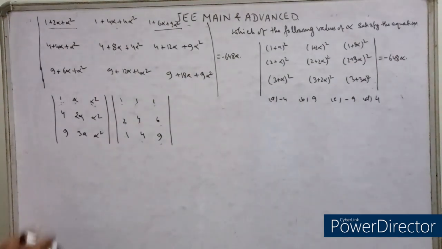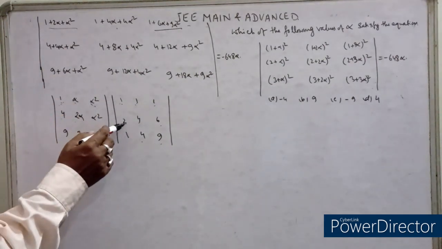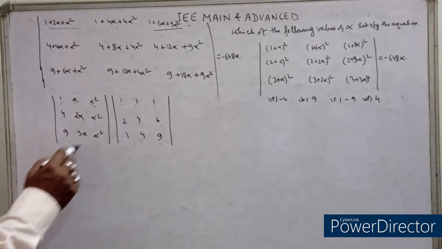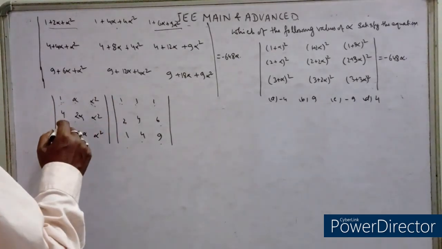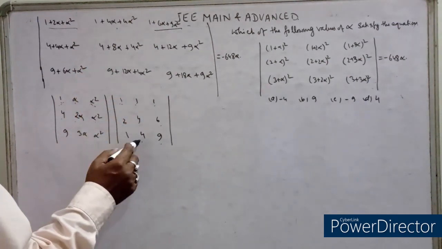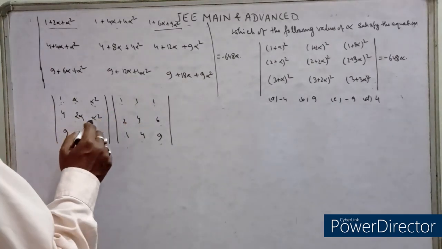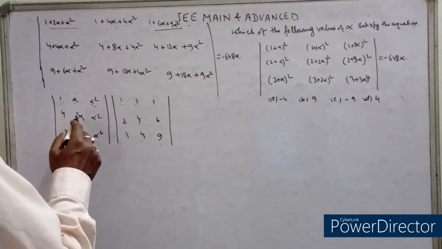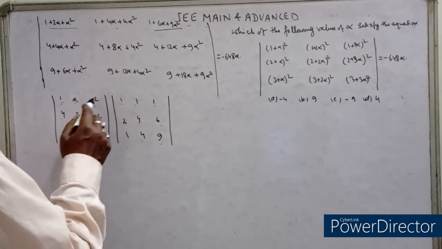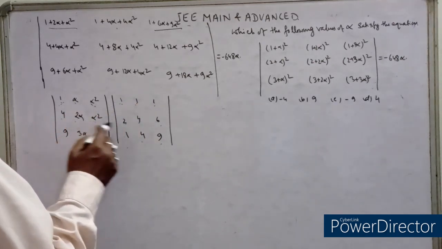Similarly here again you see, 4 into this plus 4 into this plus alpha square. Again you see, 4 into 1 plus 8 into alpha, and 4 alpha square. Similarly here you see, 4, then 4 alpha, 4 into 1 plus 12 alpha plus 9 alpha square.